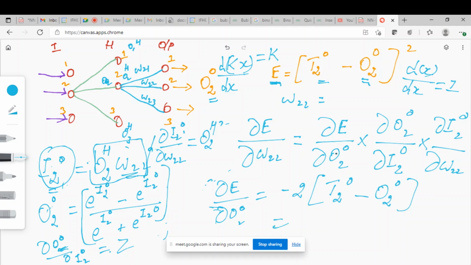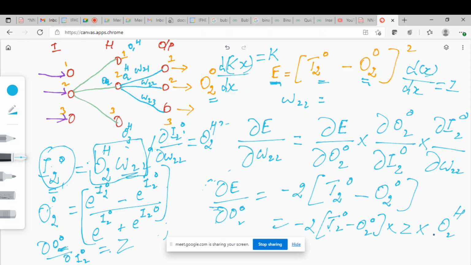That is minus 2 into (T2O minus O2O), into this, which we have not fully solved, so let us assume it is Z, into O2H.